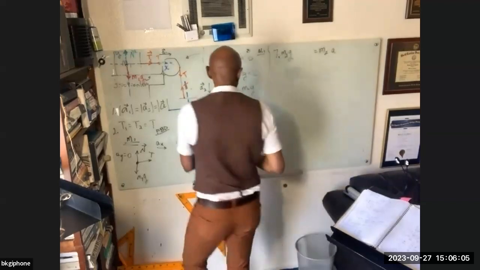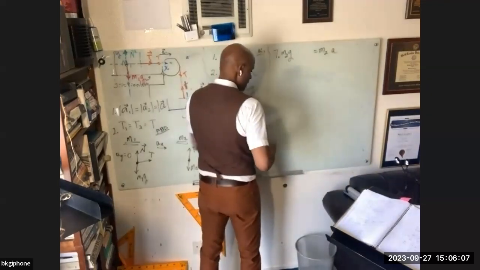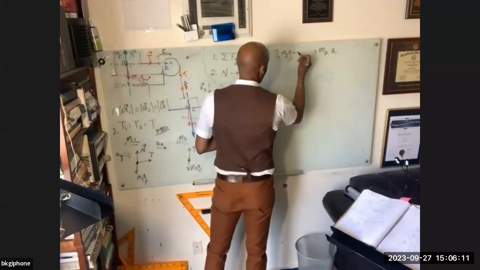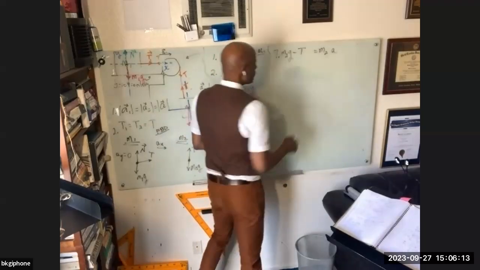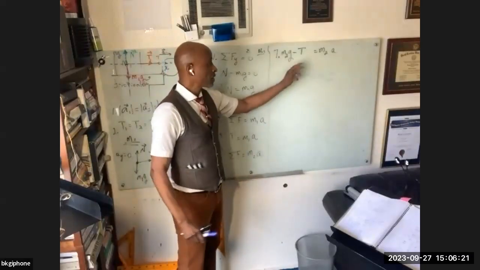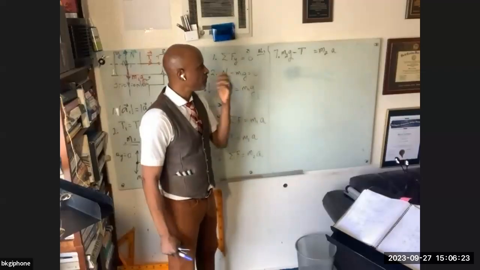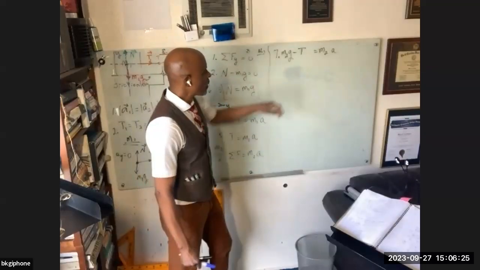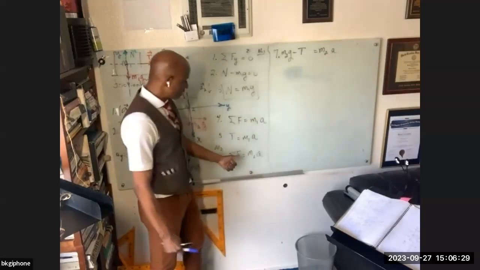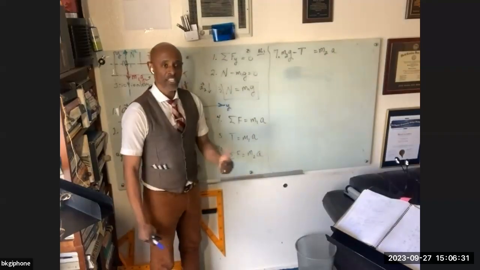So when I write that, I'm going to write M2G minus T is equal to M2A. Oh yeah, that makes sense. If I were to switch it around, what effectively I would be doing is writing this equation with a negative acceleration and this equation with a positive acceleration, and it would give me an error.